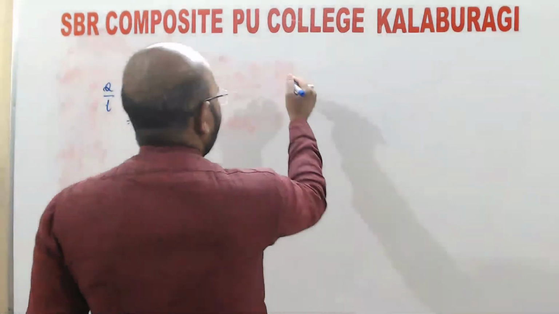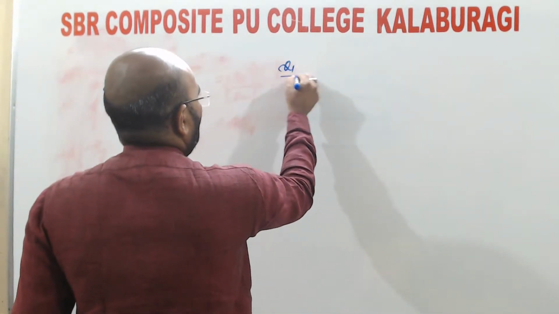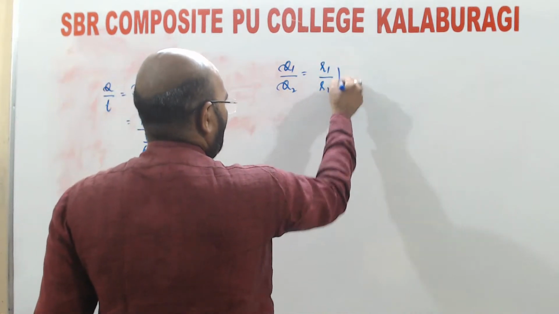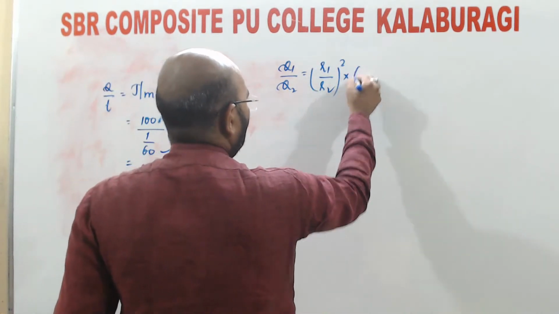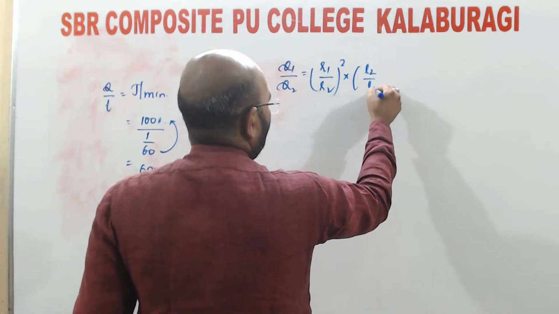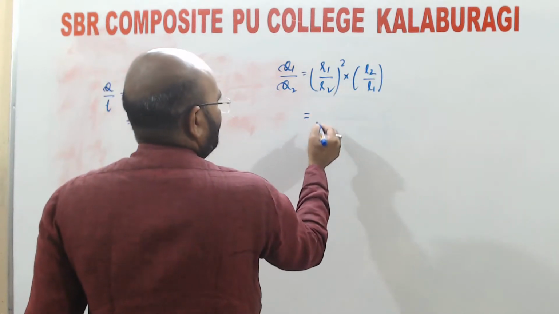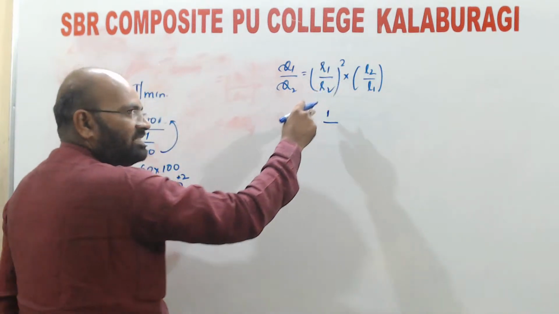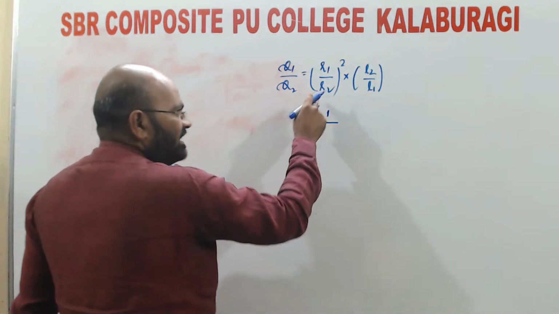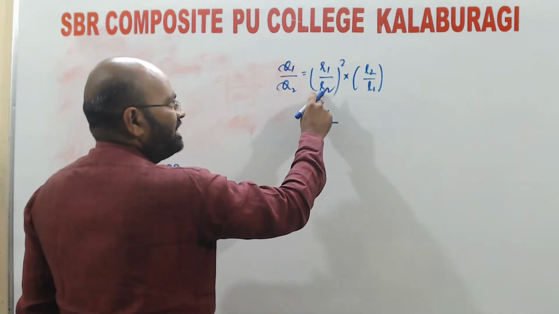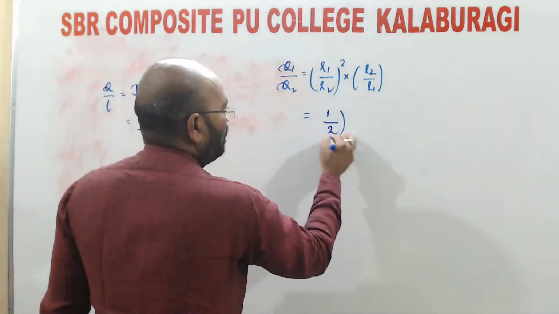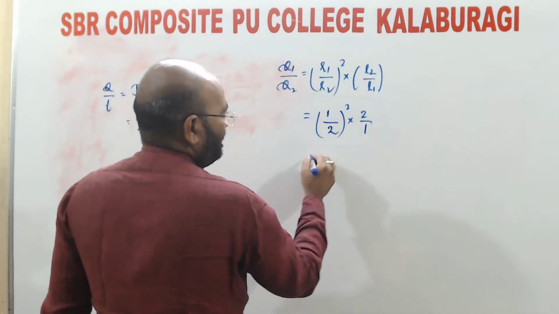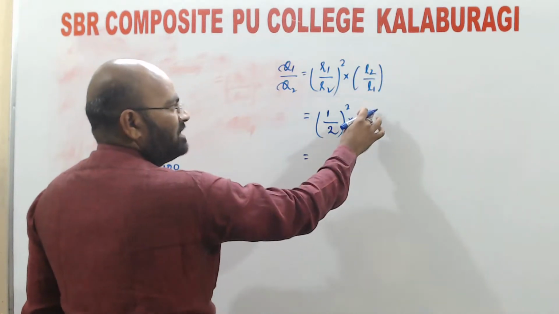The question we discussed: Q1 by Q2 is equal to R1 by R2 whole square into L2 by L1. R1 is given as 1, then the second value will be doubled, because the linear dimensions are doubled, so the radius becomes double. So this is 1 by 2 whole square into 2 whole divided by 1, as L2 is doubled.